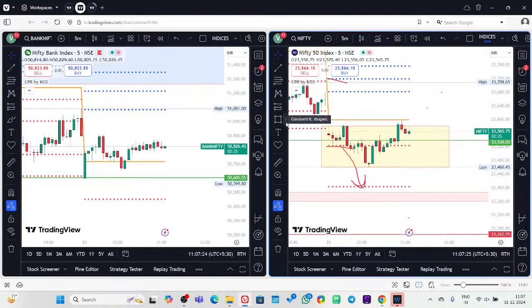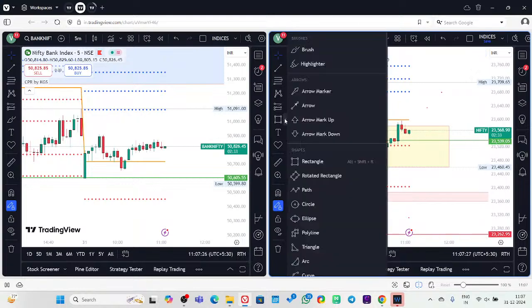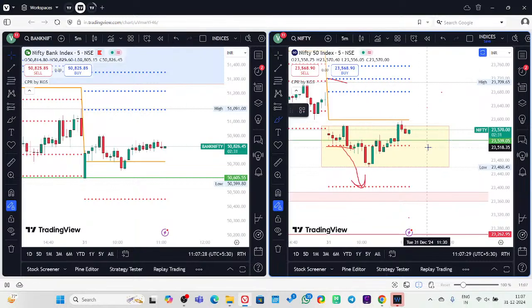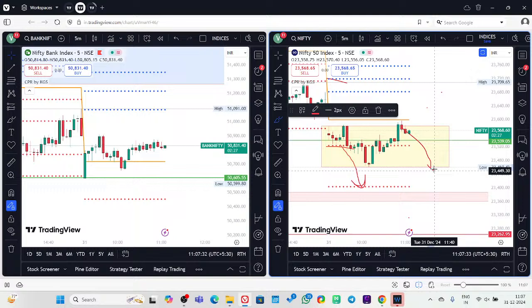So this is what I am expecting now. This is the IBH, initial balance high. This is the initial balance low.